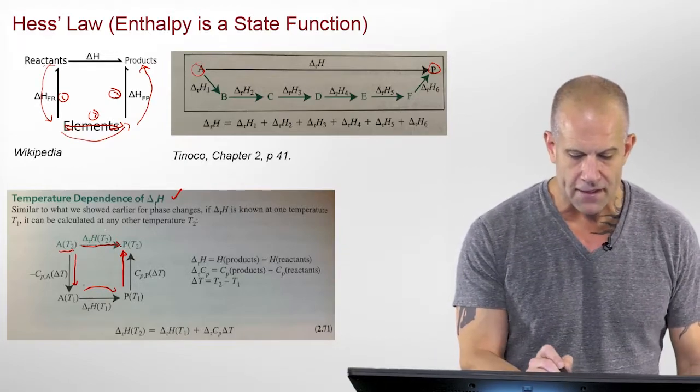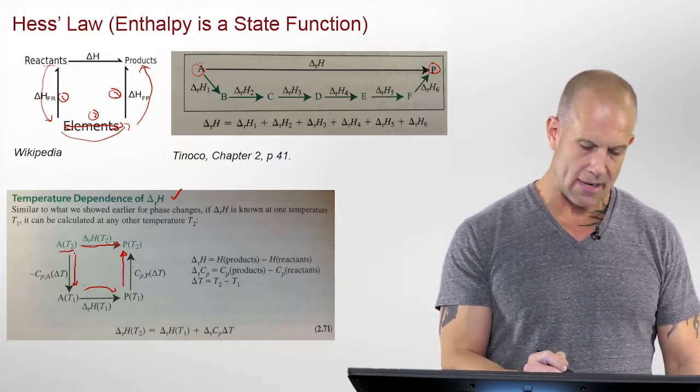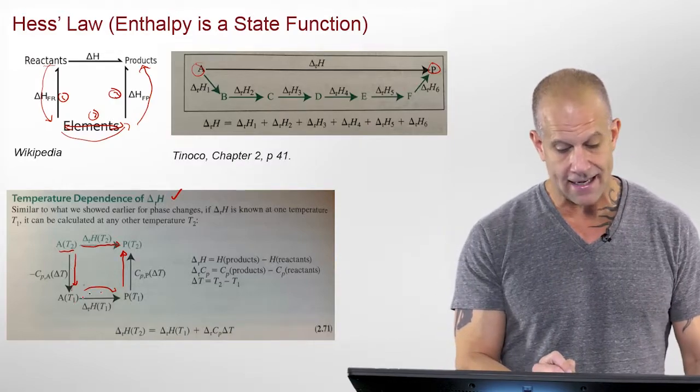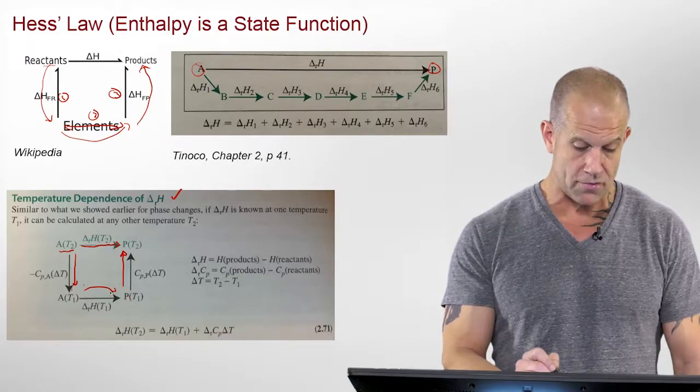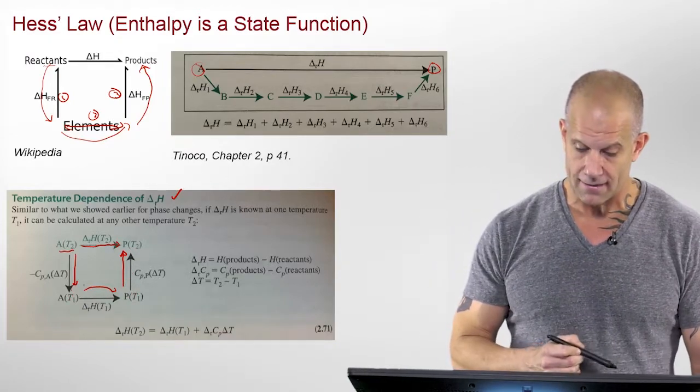So we can in a sense separate it out, and look at how the enthalpy changes as you just change temperature, then as you change the number of moles, or do the chemical reaction, and then change the temperature of those products.